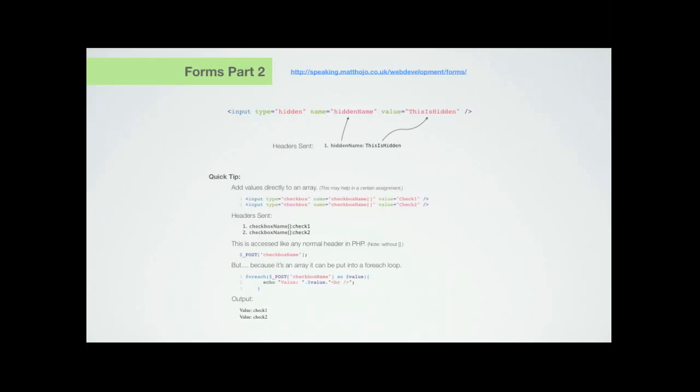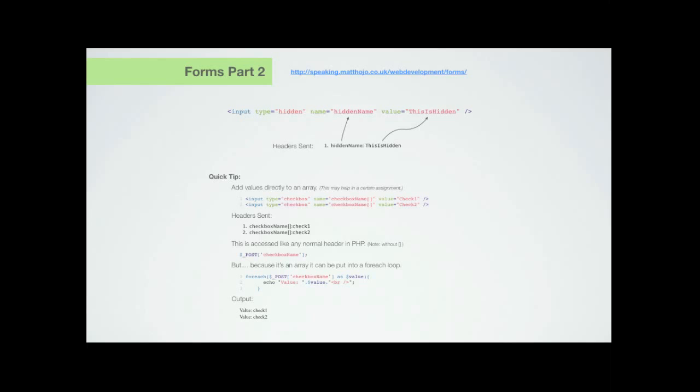Right, little quick tip. This may help you in a certain assignment. If, in your name, you put square brackets at the end, as if it's an array, you can actually access that header as an array in your PHP.